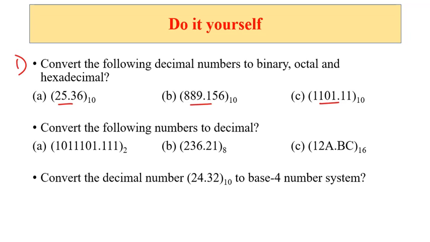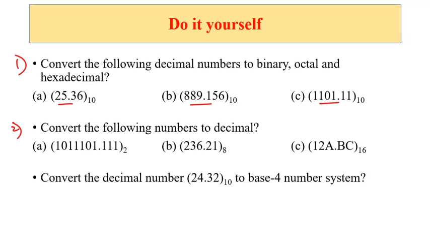And in the second example, convert the following numbers into decimal. Various number systems other than decimal are given and we are asked to convert them into decimal. In this case, you need to identify the positional value of each digit, multiply it and add it.